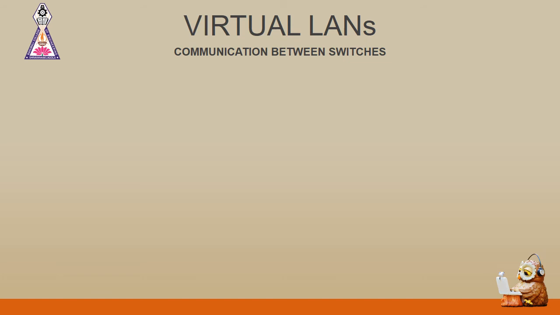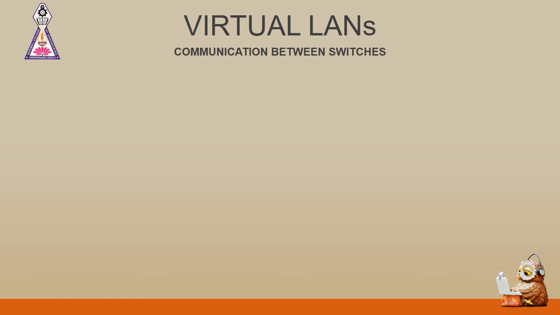For example, in the last example wherein we considered the backbone switch, the switch A there has to know the membership status of all the other stations which are part of switch B.